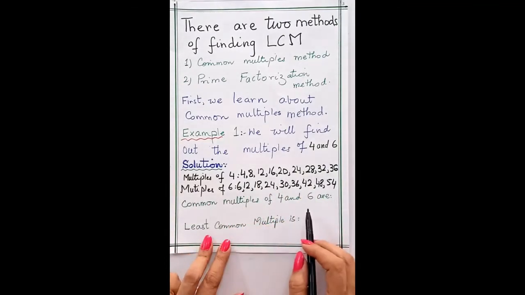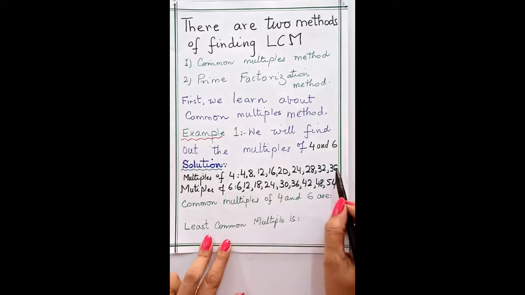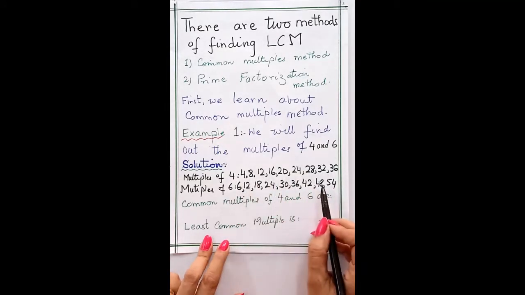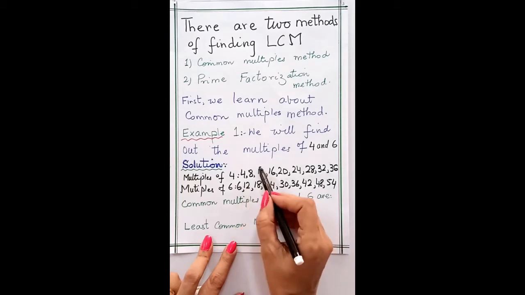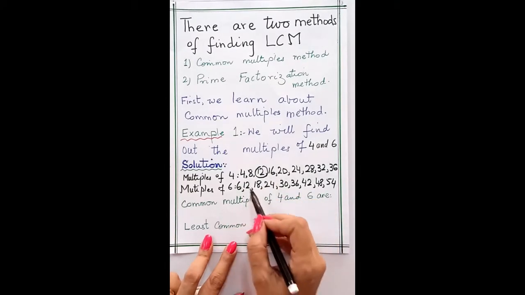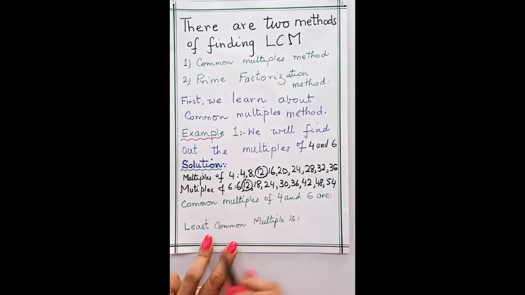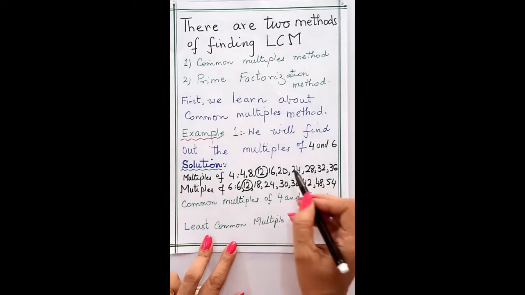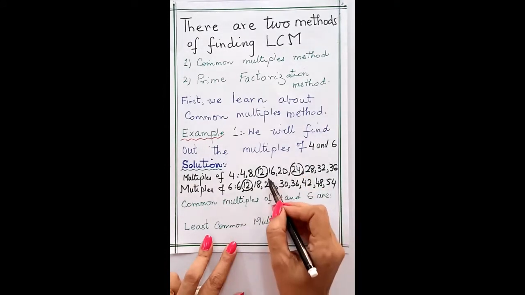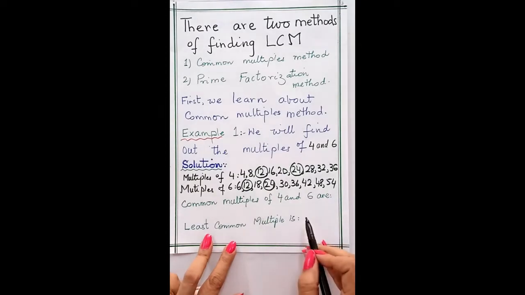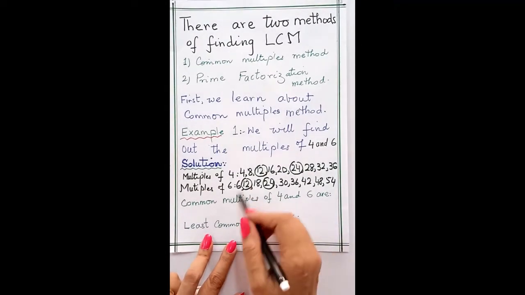Now we will find out the common multiples of 4 and 6. Now students, look at all the multiples of 4 and 6 very carefully. So 12 and 12 are the common multiple, and then 24 and 24 here is also the common multiple of 6 and 4.